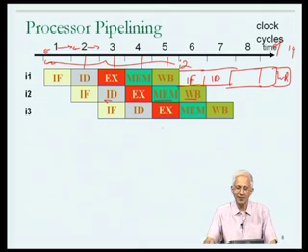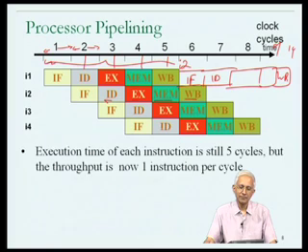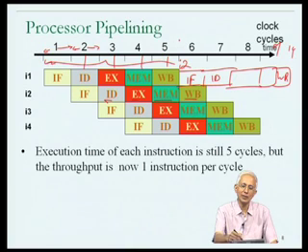What is the net effect? The net effect is that, just like in our previous simple perspective of the hardware, the amount of time that it takes to execute a single instruction is still 5 cycles. But with this new perspective on reusing the hardware as soon as possible, the rate at which instructions can complete is now 1 instruction per cycle. And how do we see this? We see this if we look at the time that each instruction completes.